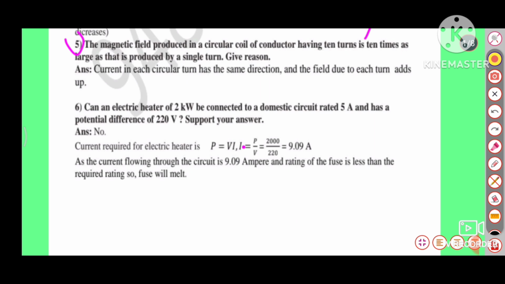P is given 2000 and V is 220 volt. So the answer is 9.09 ampere. As the current flowing through the circuit is 9.09 ampere and the rating of the fuse is less than the required rating, the fuse will melt.